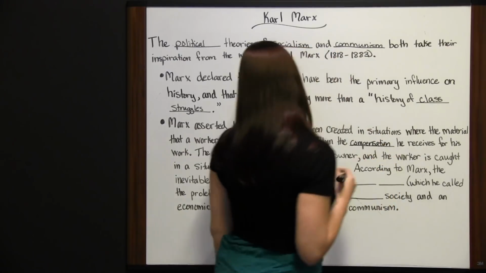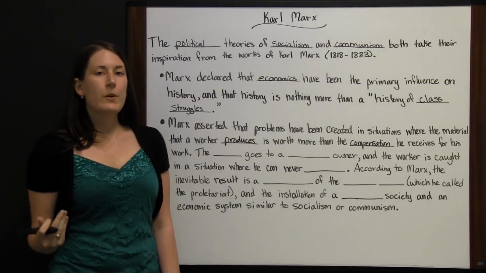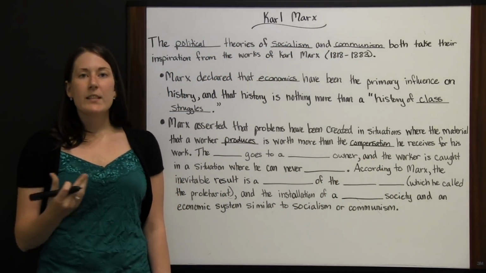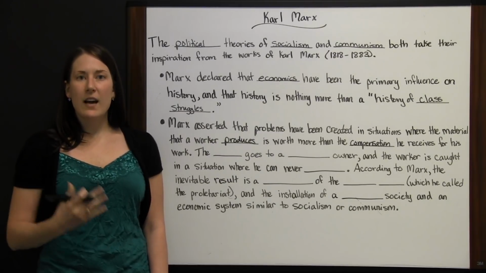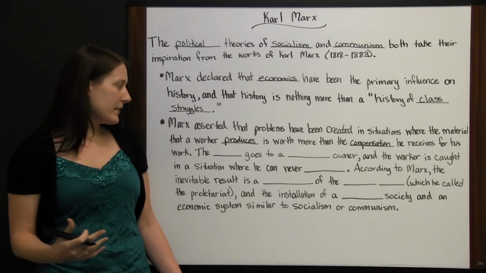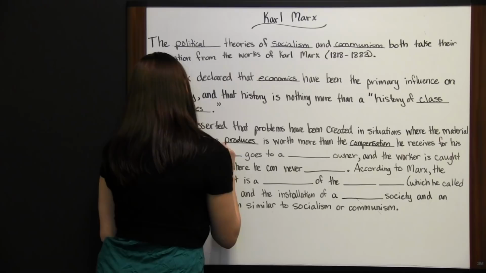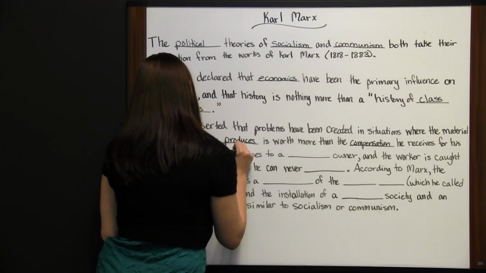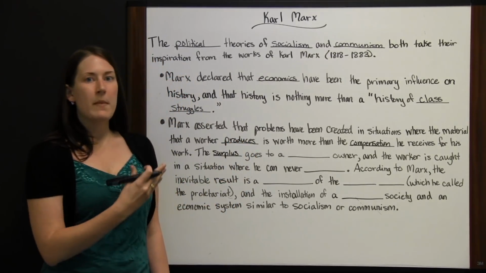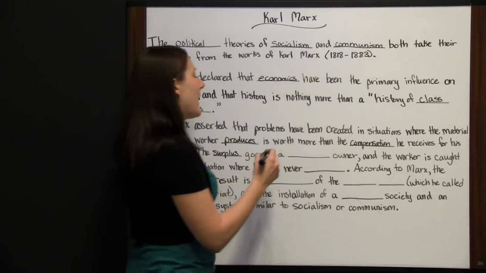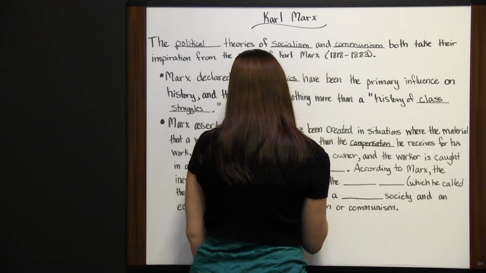So the worker knows that what he's producing is worth more than what he's being paid. He's being paid a certain amount. He knows the item he just made is worth way more than that. The surplus, what's left over after this item is sold and the man is paid, goes to a capitalist owner.